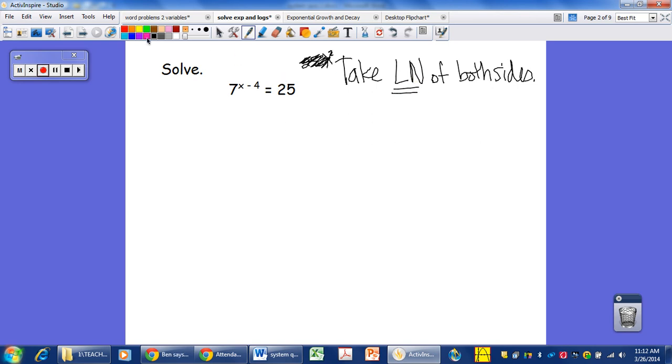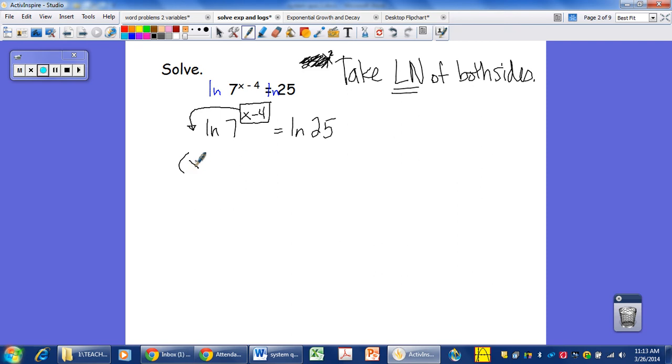So the first step here is to take the natural log of both sides. So we write natural log here and a natural log there, which leaves us with this equation. The natural log of 7 to the x minus 4 power is now equal to the natural log of 25. So one of our rules of exponents says that if we have a log of something to a power, we can take the power and change it into a product.